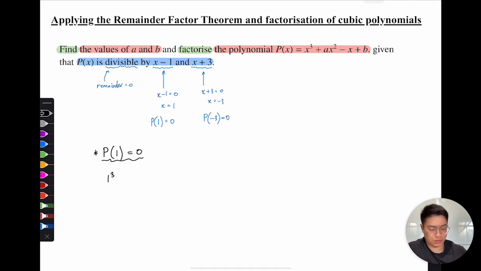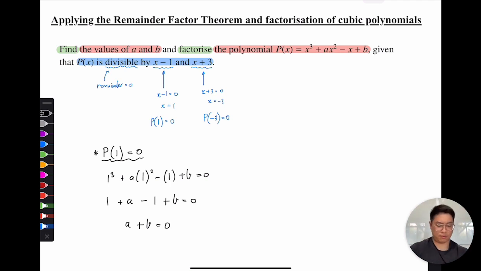That will be 1 cubed plus a times 1 squared minus 1 plus b, which equals 0. Simplify this: a plus b equals 0, okay, because the 1 and the negative 1 cancel out.